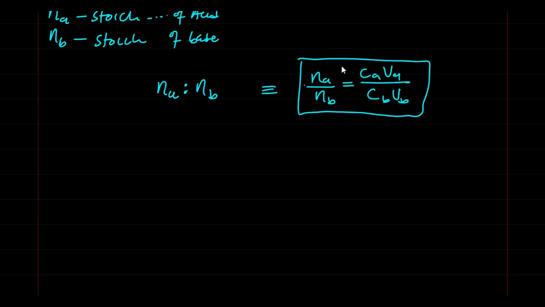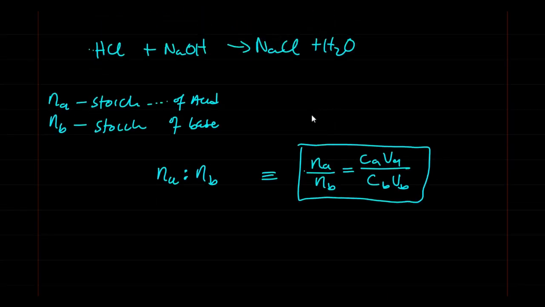I've written the stoichiometry in terms of the concentration and the volume. Here Na is the coefficient, and Nb is also a coefficient. So I'm going to check the numbers here. The number here is 1 and the number here is 1.